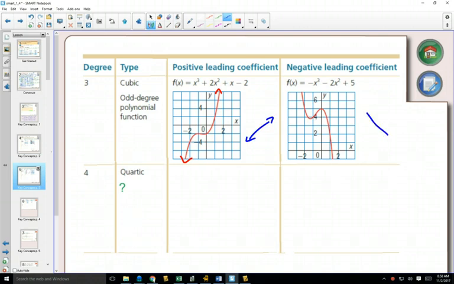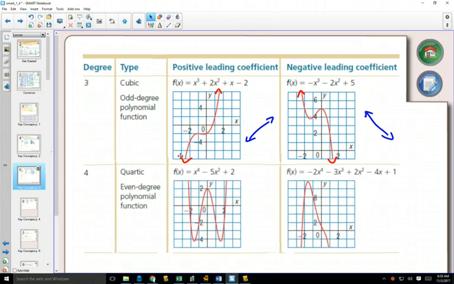And beside this one, I'm going to make a line with a negative slope, so we can see that it's starting up here and ending down there. To the power 4, a quartic. These are going to act like parabolas. They're even functions. So if I think of a positive parabola, it would look like this. If I think of a negative parabola, it would look like this. And you can see that your end behavior matches.